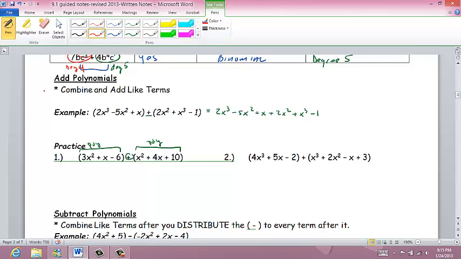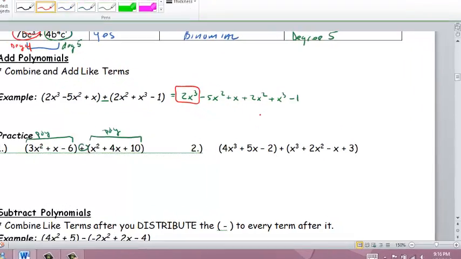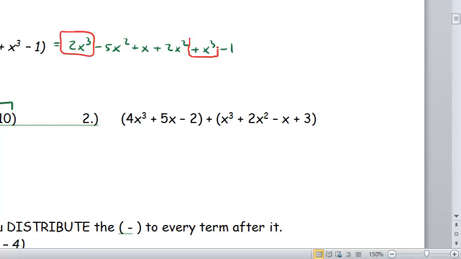Going back to earlier in the year, combining like terms, basically all we do is add and subtract the coefficients of the terms with identical variable expressions. And if you remember, we put different shapes around like terms. So if I look at 2x to the 3rd, are there any other x to the 3rds I can combine it with? Yes. This x to the 3rd.